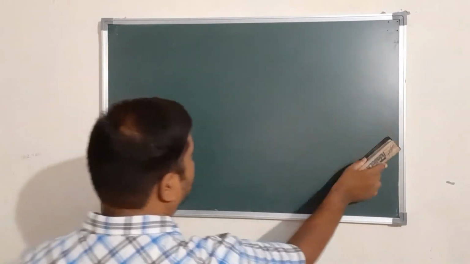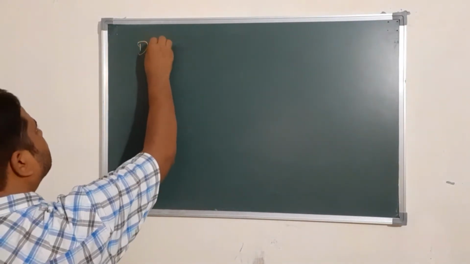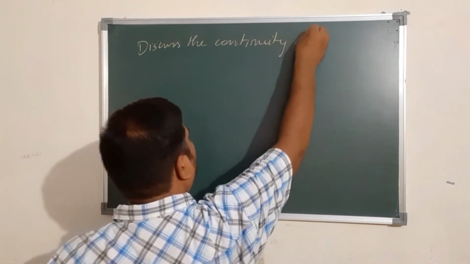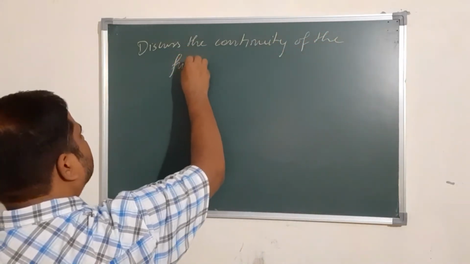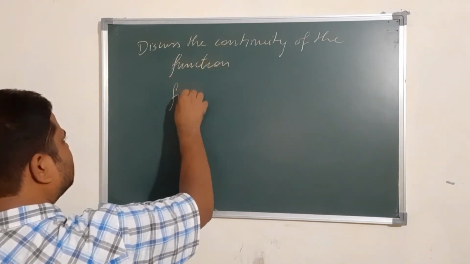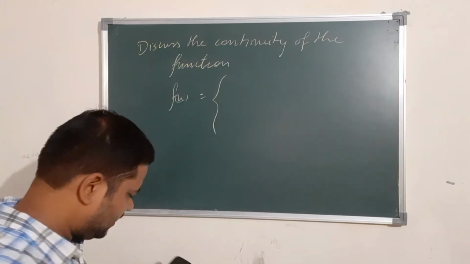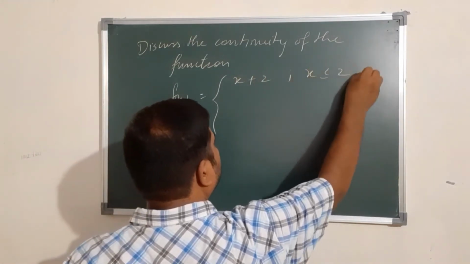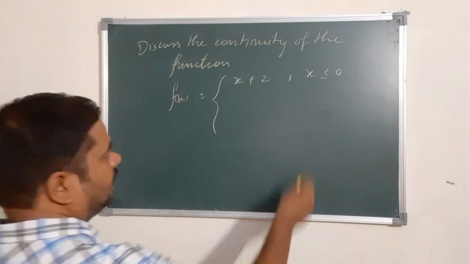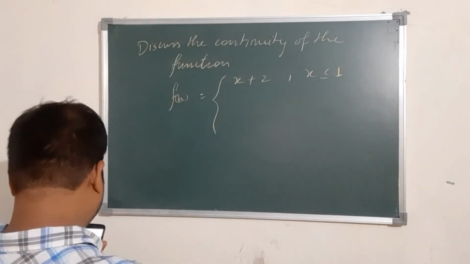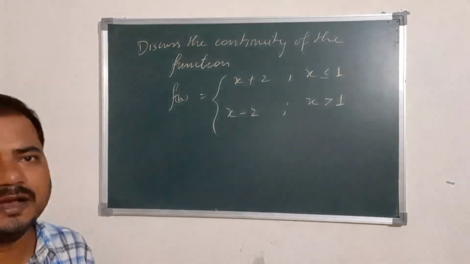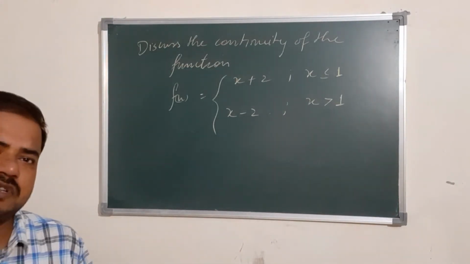So now we are going to discuss the continuity of the function f(x), given by x + 2 if x is less than or equal to 1, and x - 2 if x is greater than 1. This is the function.